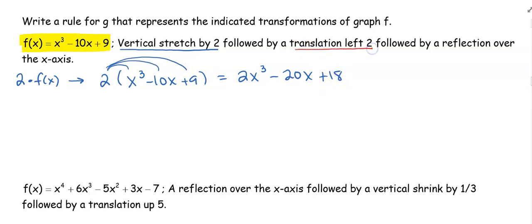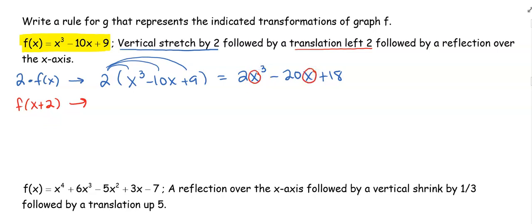Translation left 2. Okay, so this is where it's going to be a little bit different because we know that horizontal shifts are happening inside of the parentheses. And if I'm going left 2, it's the opposite. So this is going to be x plus 2. But this is going to happen inside all of the x's.